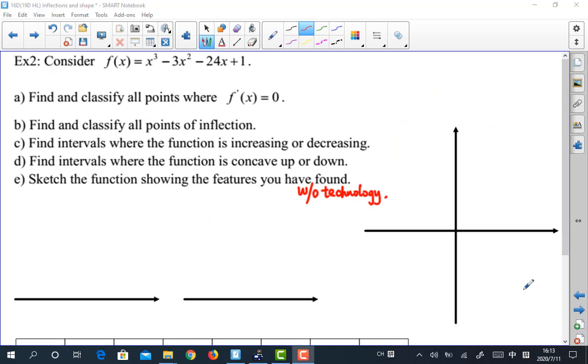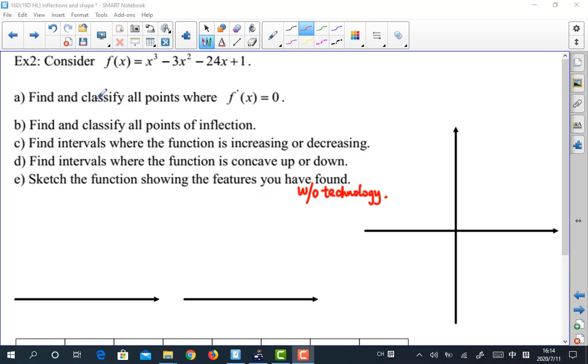Let's look at example 2. Consider f of x is x cubed minus 3x squared minus 24x plus 1. This is a cubic function. Read questions A, B, C, D, E. You will find that for this question we need all the skills we just used in example 1.